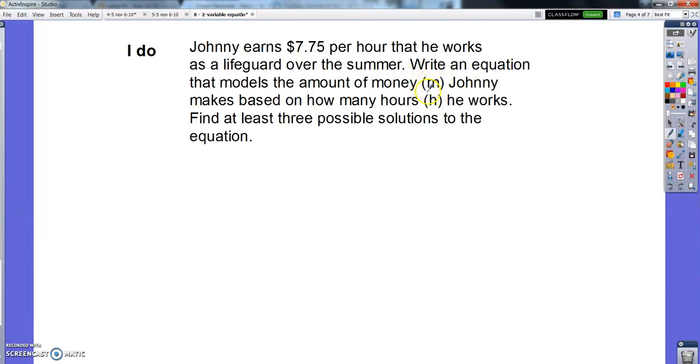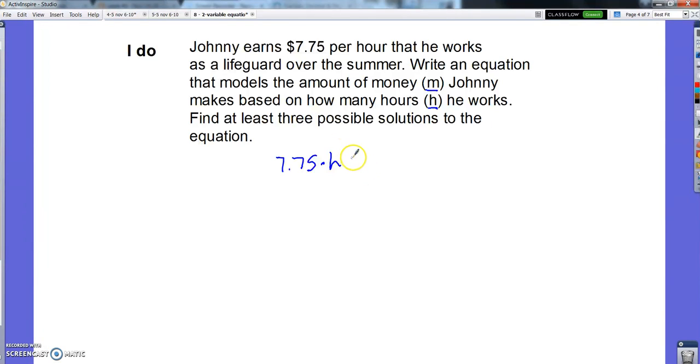I don't know how much money he makes, and I don't know how many hours he works. But if I take $7.75 and multiply that by how many hours he works, that's going to give me how much money he makes. 7.75 times H equals total money.